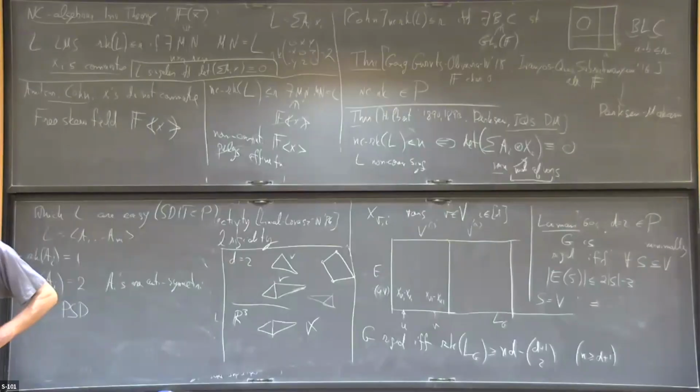No, I'm just trying to understand the analogy, right? Because let's think about the permanent, not about these more general questions. The permanent being 0 is equivalent to having a 0 submatrix of a certain size. We know it can be done in polynomial time. Is there any connection between the two? Can one view the algorithms that test for the existence of a bipartite matching as searching for a 0 submatrix? Of course.